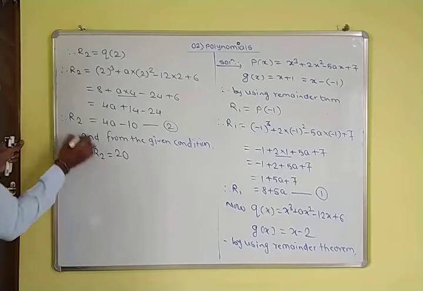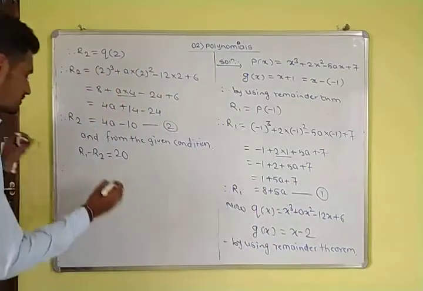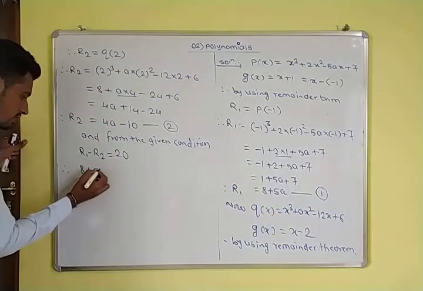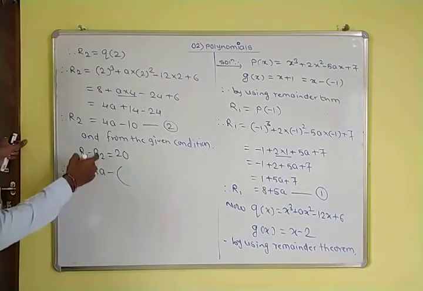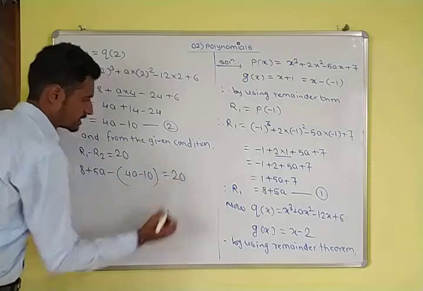Therefore, what is the value of r1? r1 is 8 plus 5a. So write down 8 plus 5a minus r2, which is 4a minus 10, is equal to 20.